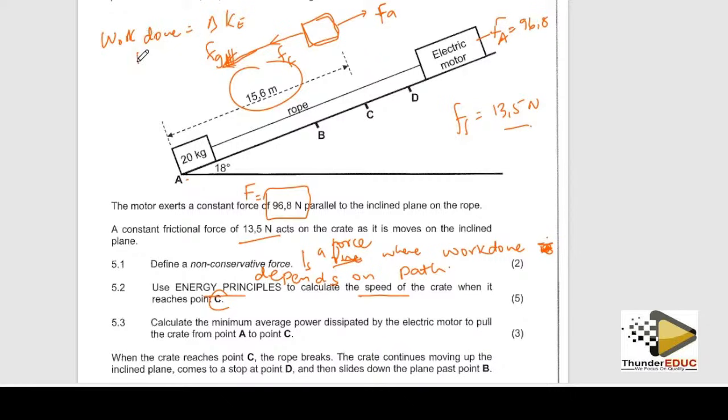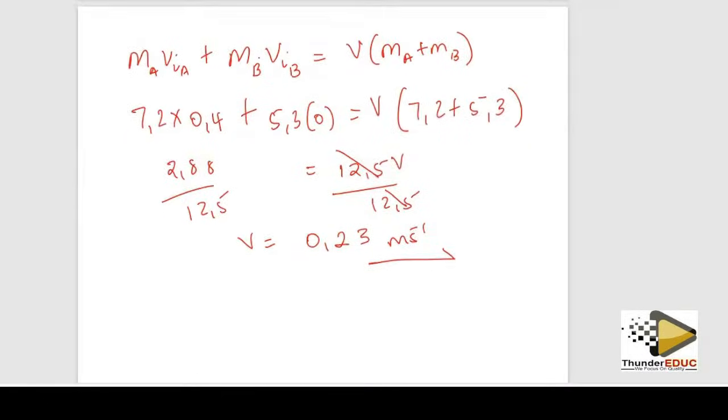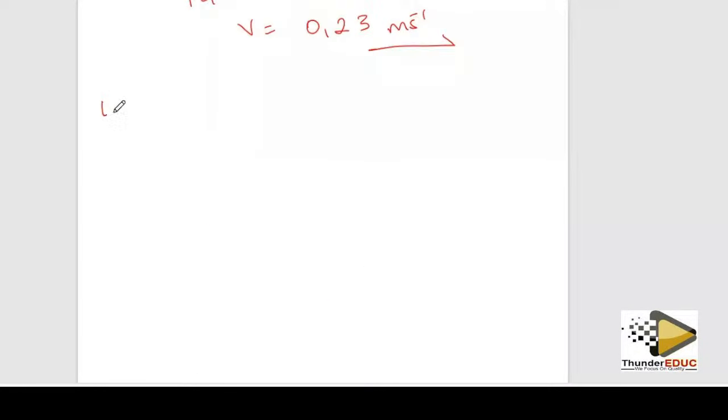We know that work done is the force times the displacement times the cos of the angle. So the net work done is going to be F net times delta x times the cos of the angle. Let's get the F net.